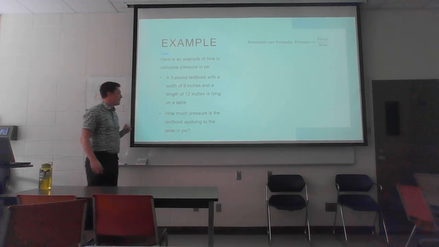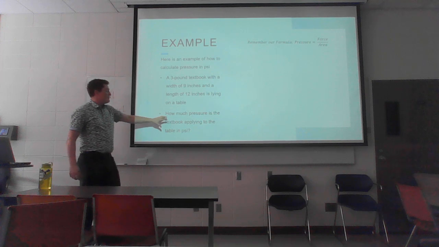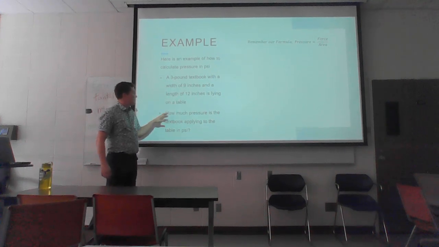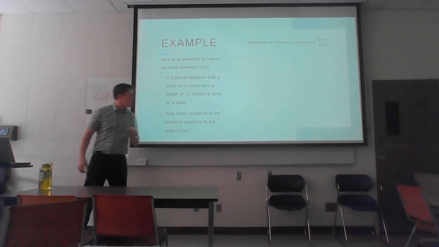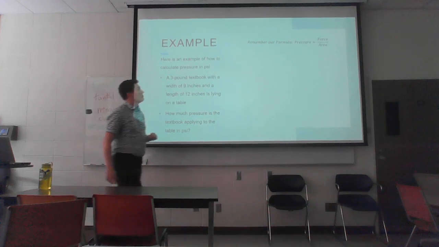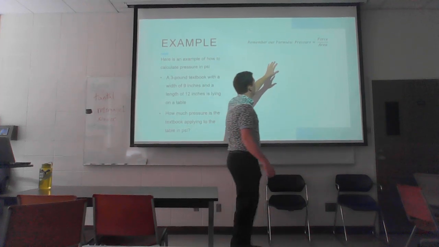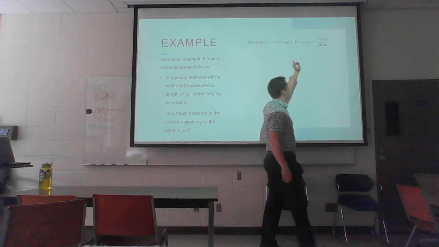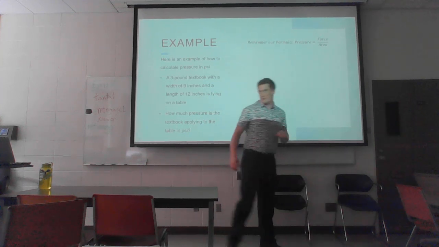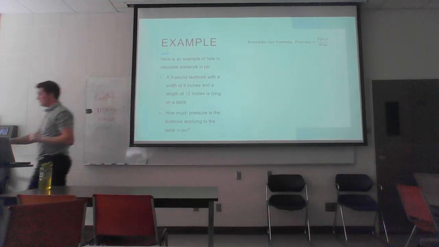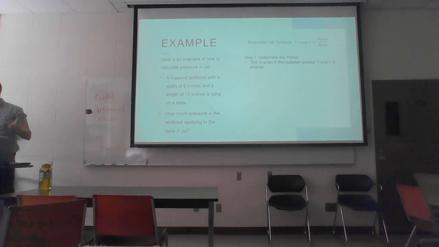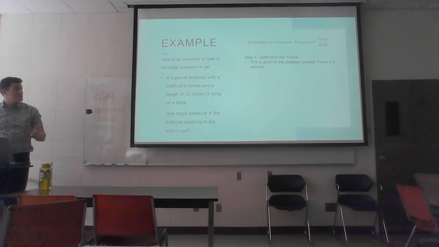That's great to see. So if we have that information and we want to figure out how much pressure the textbook is applying on the table in PSI, then we just go to our formula. We're trying to find pressure, and we have our force and we have area. Our first step is determining the force, which is given in the prompt.